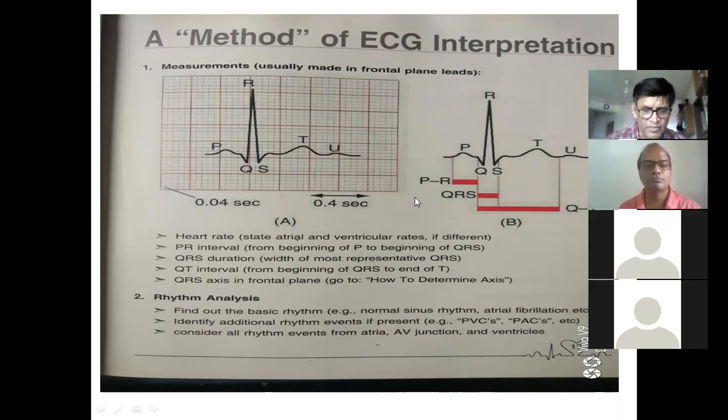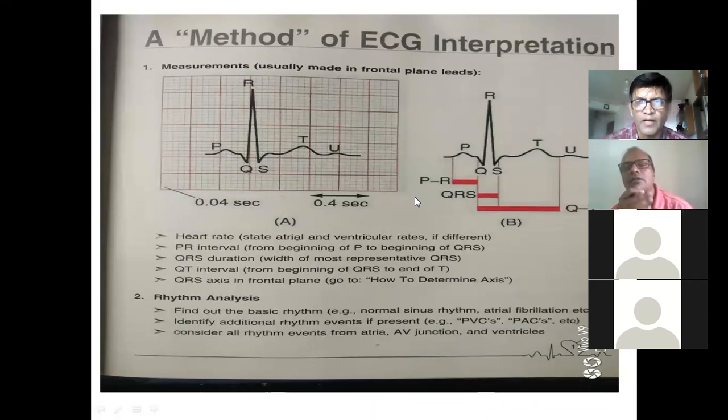I'm starting from the small squares. Suppose it is 10 small squares, which is equal to 2 big squares. If the distance between two RR intervals is 10 small squares or 2 big squares, what will be the heart rate?